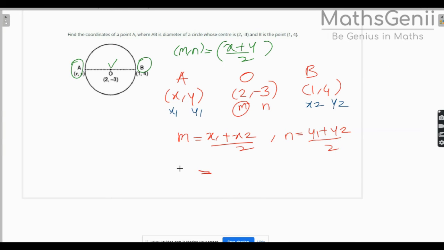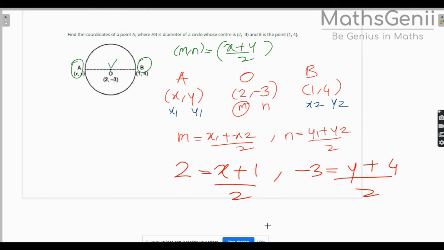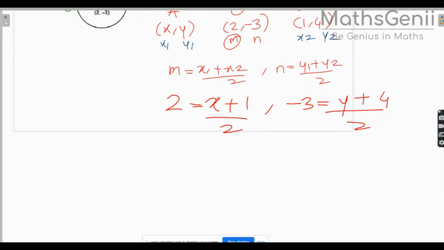M is how much? 2. M is 2. X1 is x, X2 is 1, upon 2. N is how much? Minus 3. Y1 is y plus y2 is 4, upon 2. Now this 2 which is in division goes to that side and becomes multiplied. 2 twos are 4 is equal to x plus 1.